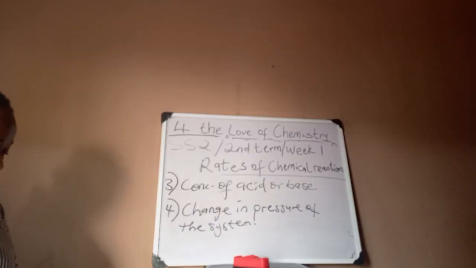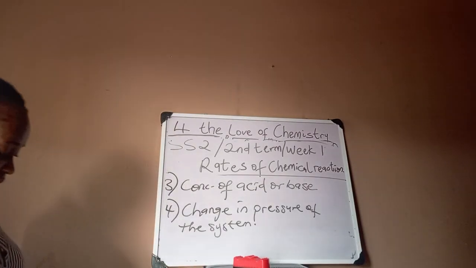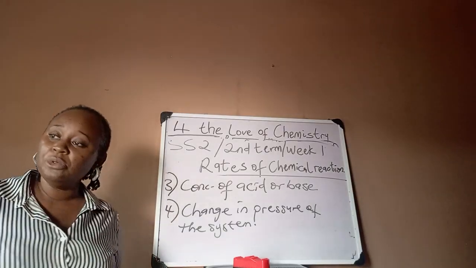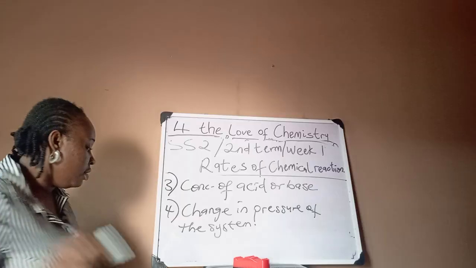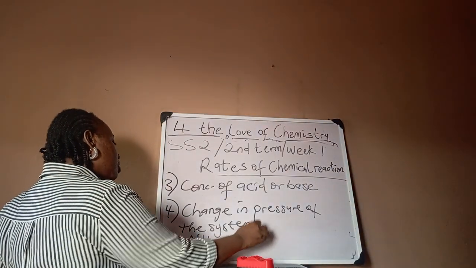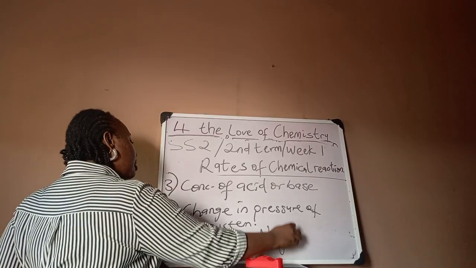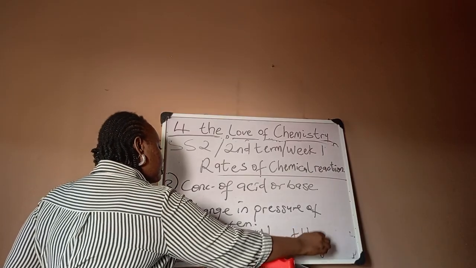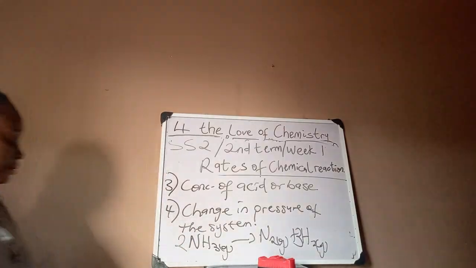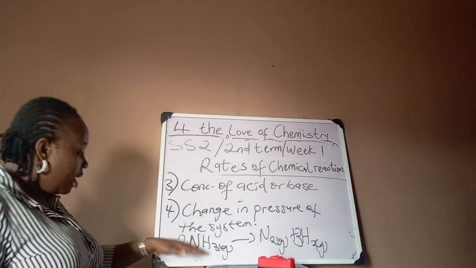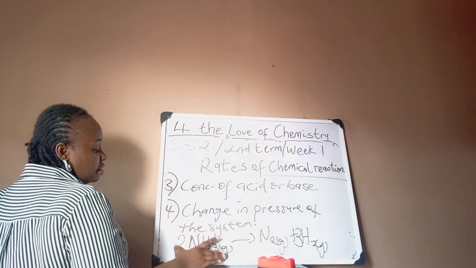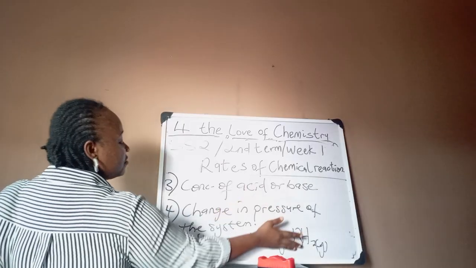Change in pressure of the system. For instance, a reaction involving gases, for example, the decomposition of ammonia. If ammonia gas decomposes to yield nitrogen gas and hydrogen gas, we realize that when we check the change in pressure, the more it decomposes, the more of these gases we have.